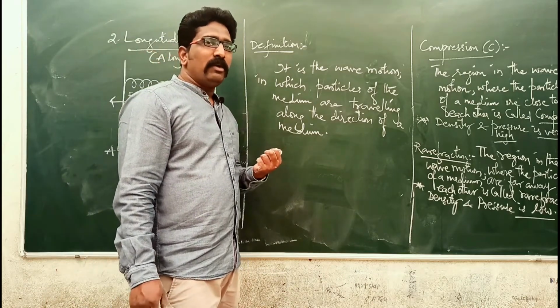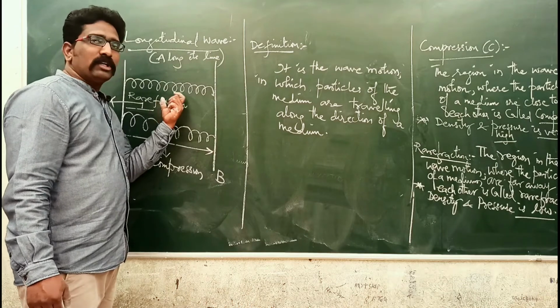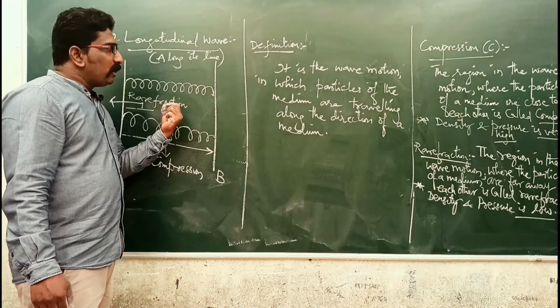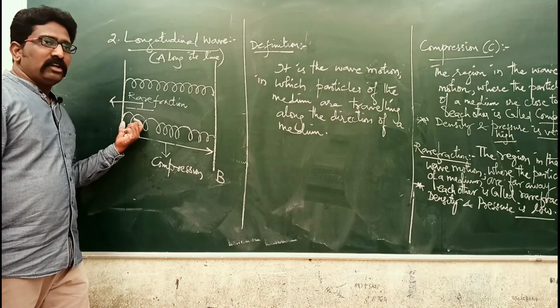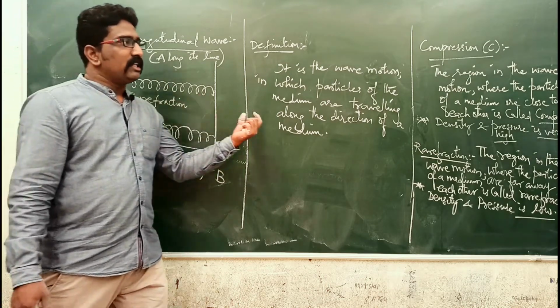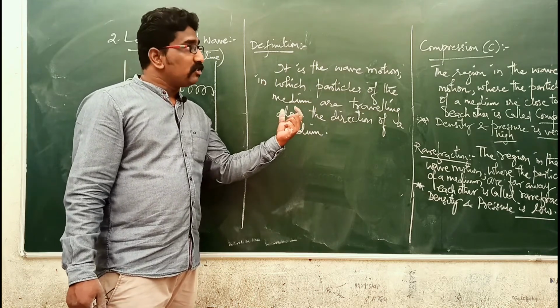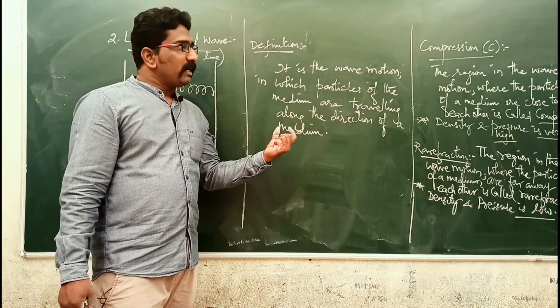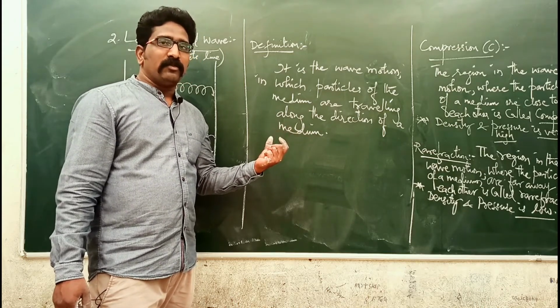And in the longitudinal wave we studied how the wave is generated and the important points: compression, where the particles are very close to each other, and rarefaction, where the particles are very far away from each other.